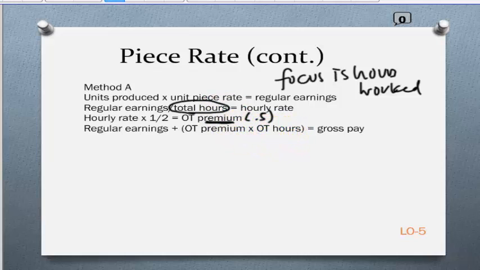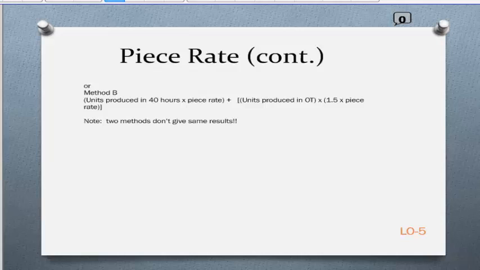Then there's another method, and they don't produce the same results. Method B is focused on the pieces. You pick which method you want to use based on the information you're given.